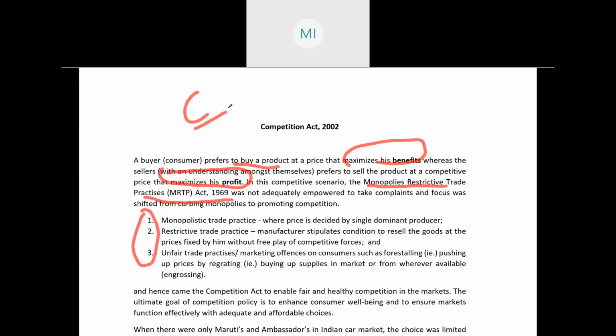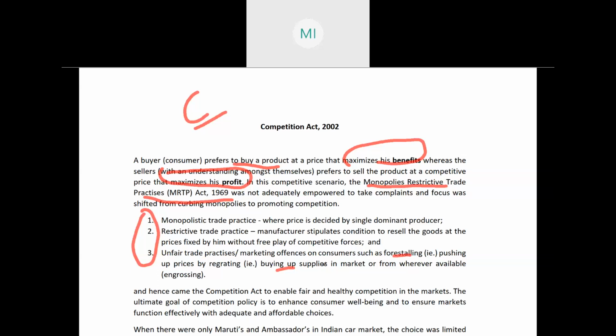Okay, unfair trade practice. There are three concepts. There is forestalling, pushing up prices of the product by buying up supplies in the market. You can think of a recent situation in which the normal mask which used to be available in the medical store used to cost 1 rupee earlier.